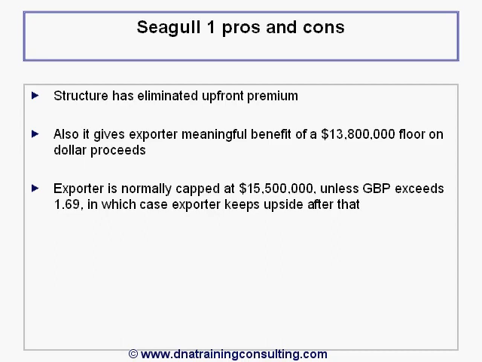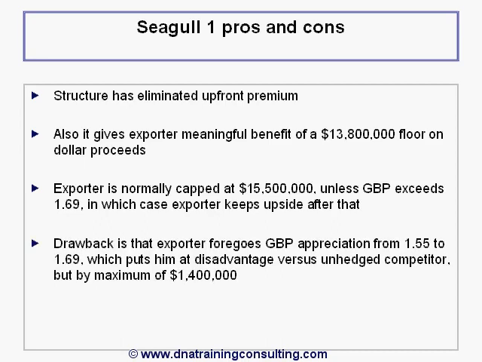The drawback, of course, is that between 155 and 169, the exporter does not share in any of this appreciation, so that when sterling exceeds 169, the proceeds in dollars to the exporter from his receivables fall substantially below those of an unhedged competitor, but never by more than $1.4 million.